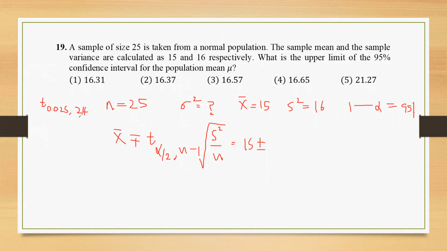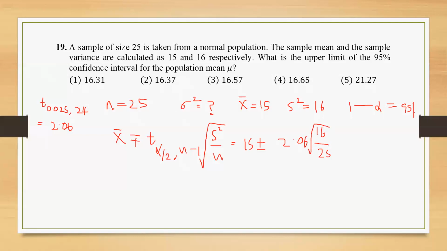So the degrees of freedom is 24. From the t table, the value is 2.06. Substitute that here, with s squared 16 and n 25, and take the square root of the whole part.